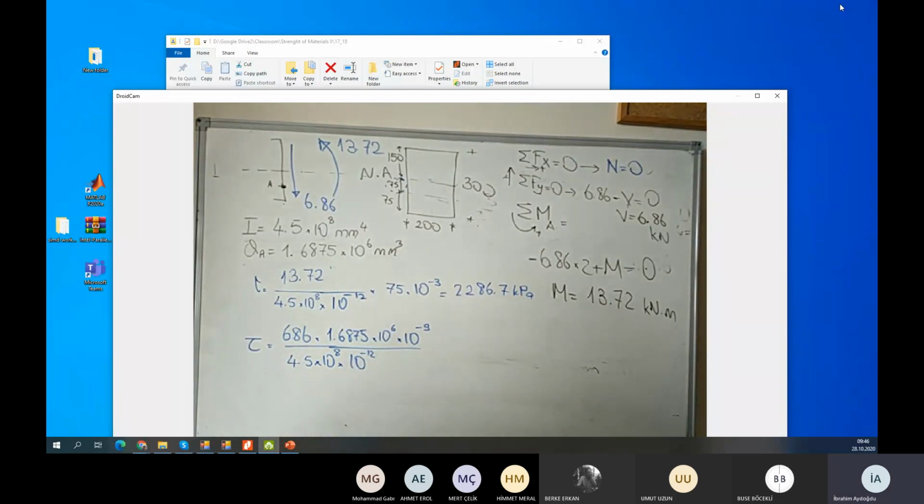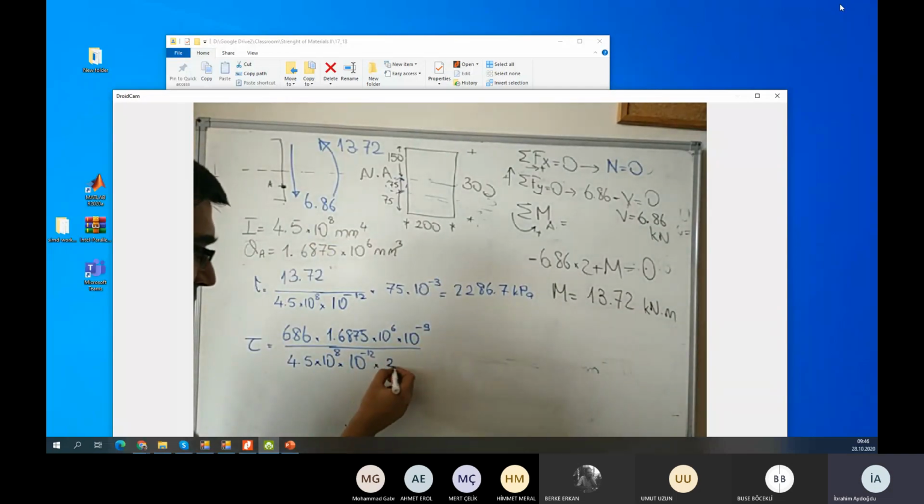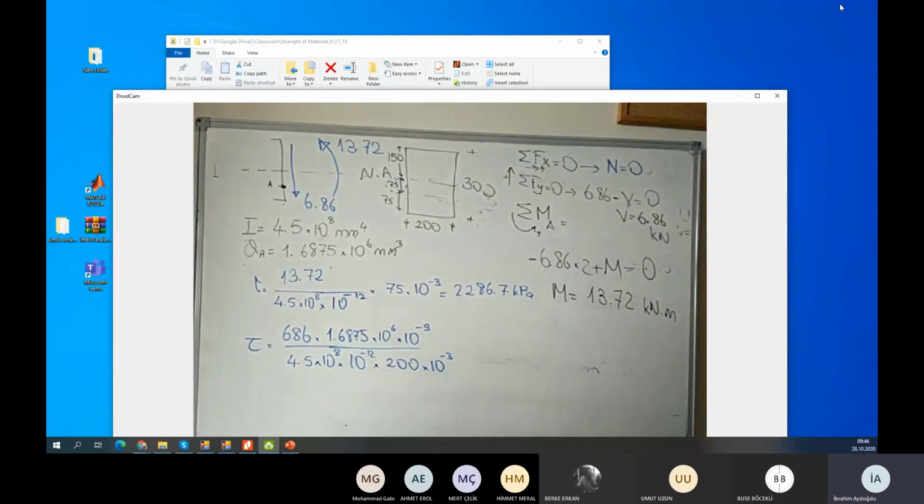Convert from millimeter to meter, and one term remaining, thickness. Remember, the thickness is 200 millimeter. Again, I need to convert to the meter. I'm writing at length like this. I could have calculated in my head and written it as if there were lots of numbers. I did not prefer that. I don't want to prefer this strategy. I want to show all the details in the calculation.